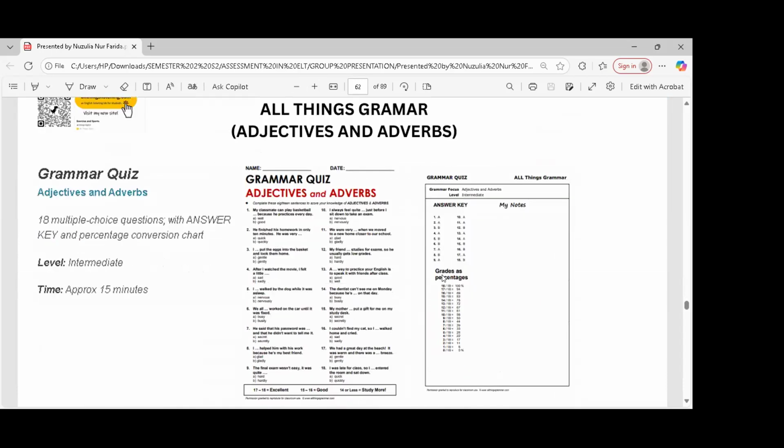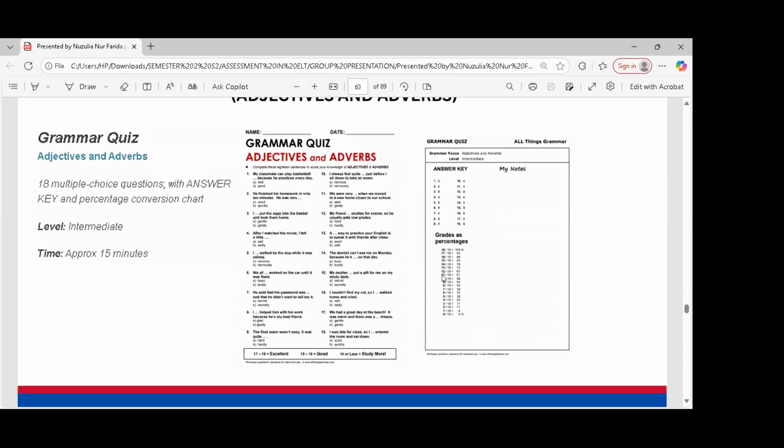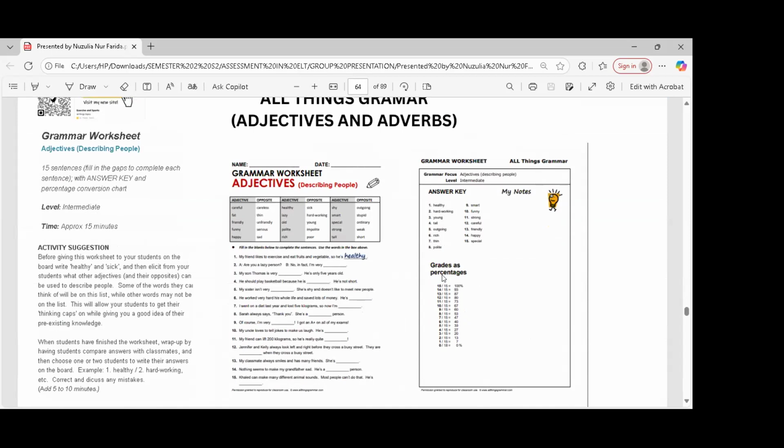And here are examples of multiple choice questions. Here are also examples of not multiple choice questions, but something like gap filling, where students have to choose the right answer based on these 15 questions.